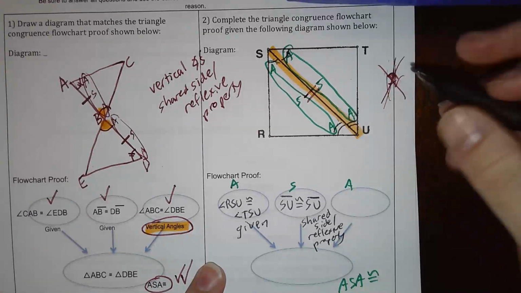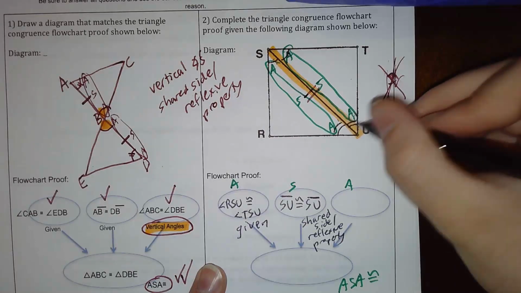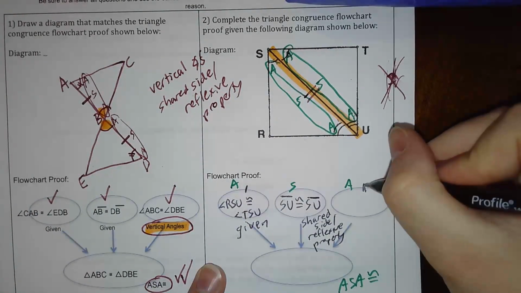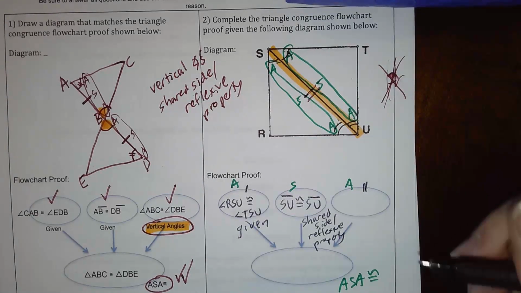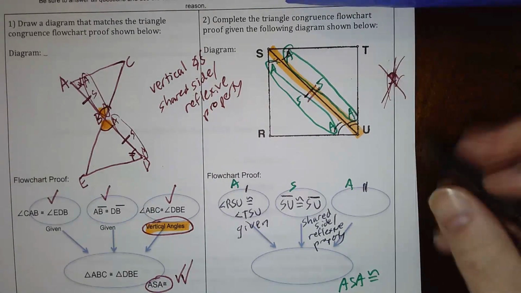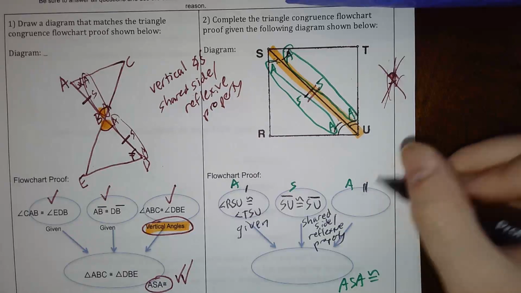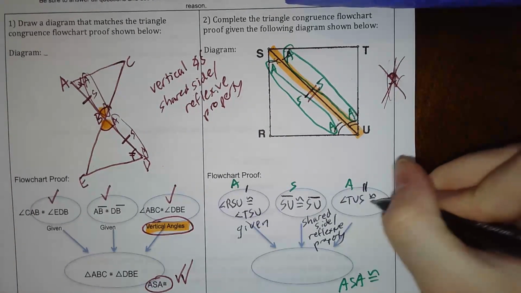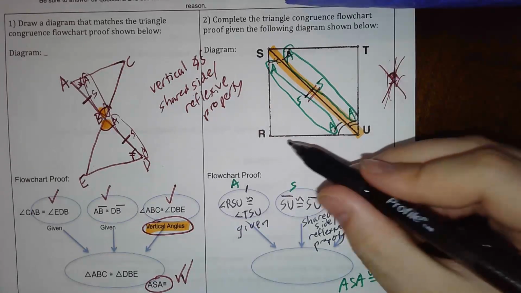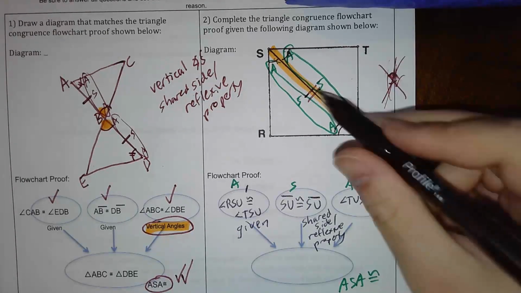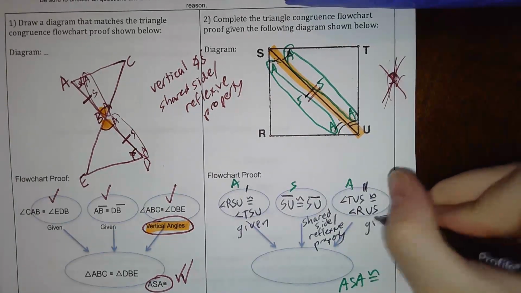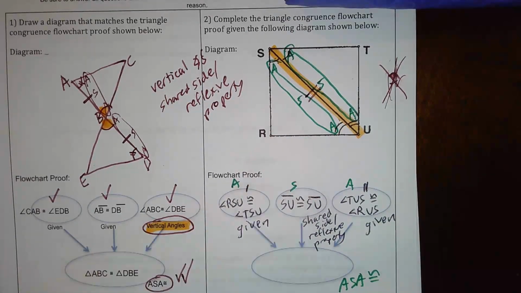Okay, our last set of angles is the ones with 2 tick marks. So I'll just put 1 tick mark and 2 tick marks here to show that I'm organized by tick marks. And it's going to be angle TUS is congruent to angle RUS. And that was also given to us on the diagram.